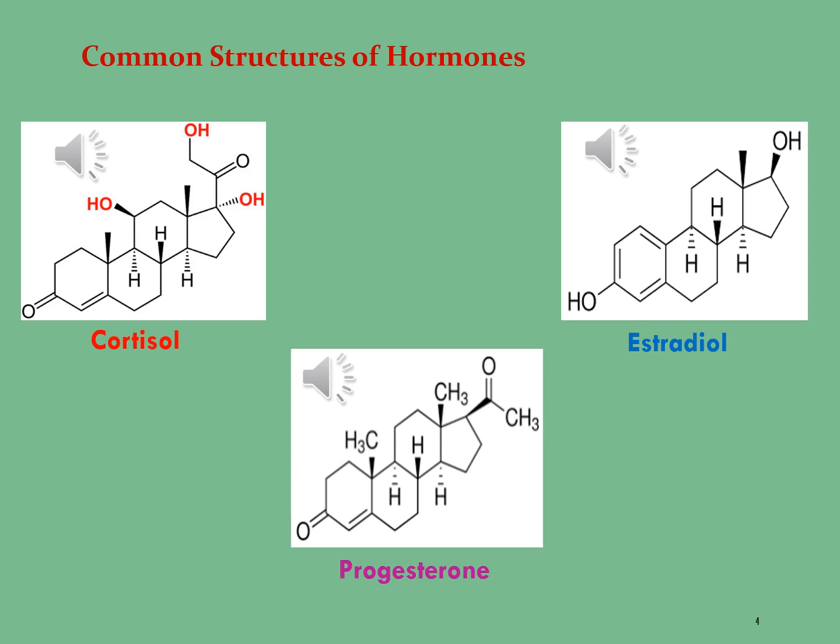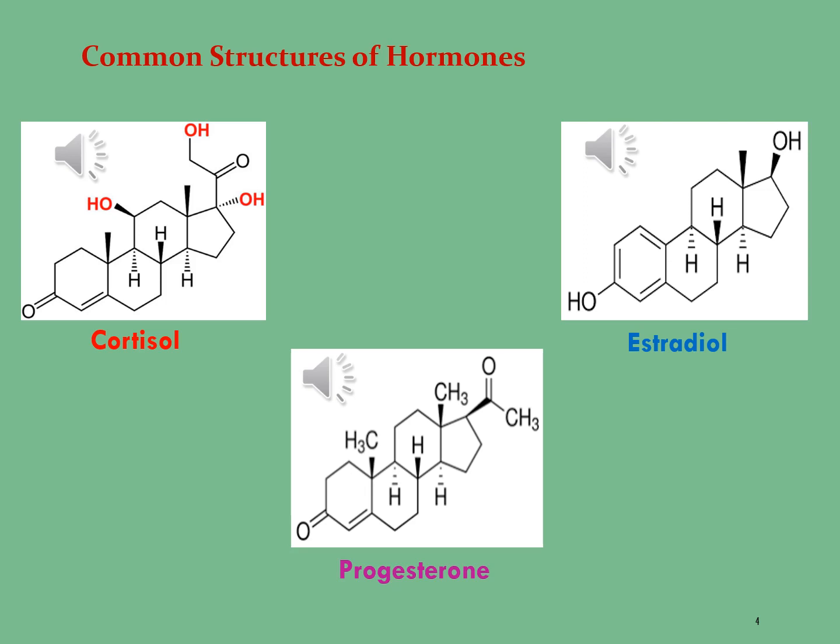When we see the structure of this molecule, we observe the presence of a carbonyl group at carbon 3 position and an acetyl group at carbon 17 position, as well as a double bond at carbon 4 position.